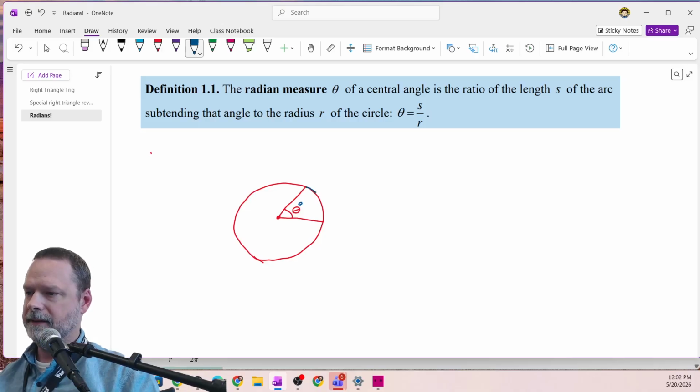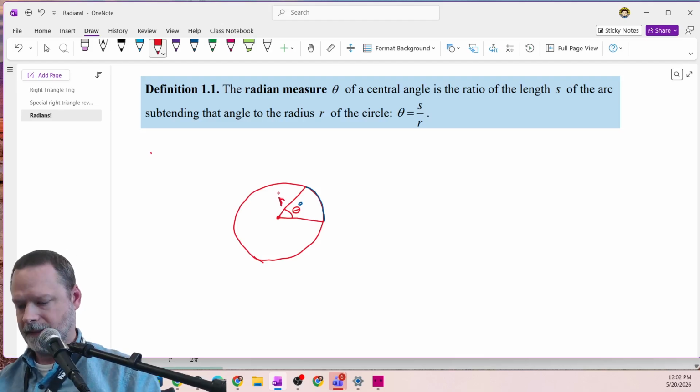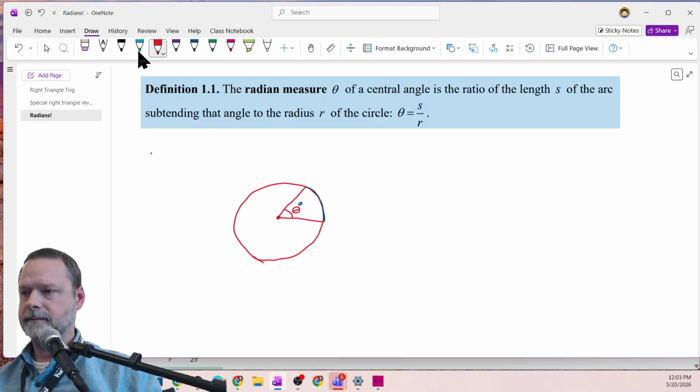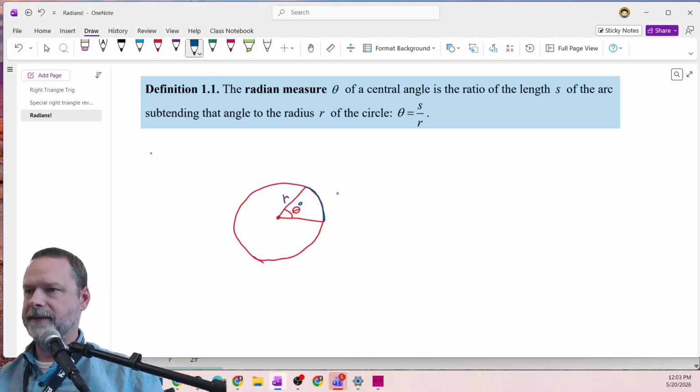And that angle, given a certain radius r, we have an arc here in blue that we get, and there's an arc length there.